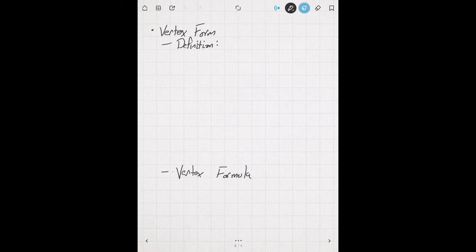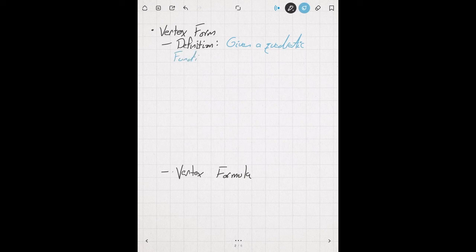Now first we need to define what is the vertex form and how does this form differ from something that we've worked with in the past. So we're going to define this as, say you're given a quadratic function.